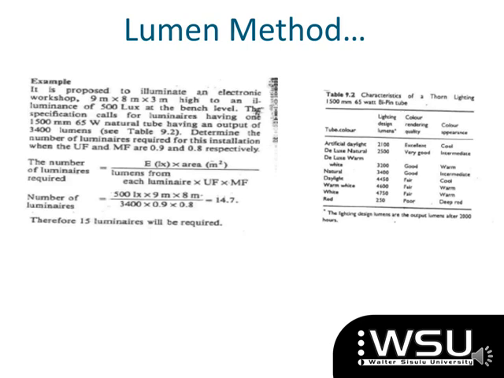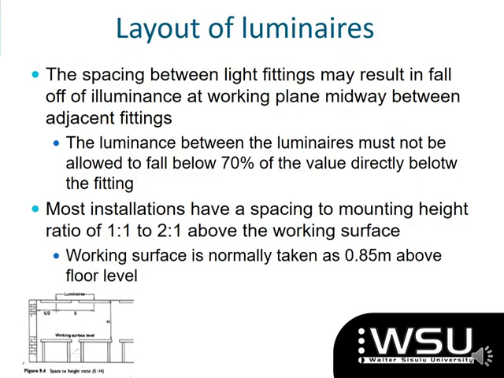So you go into that formula that says the total number of luminaires is going to be the E multiplied by your area divided by the lumens from each luminaire, and then you times by the UF times the MF, and therefore the luminaires required are going to be 15 because you get a 14.7, so you round it off.